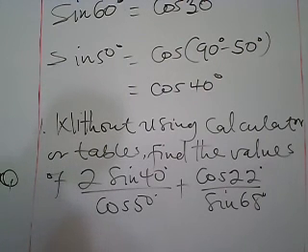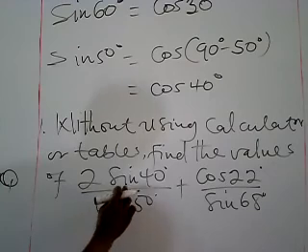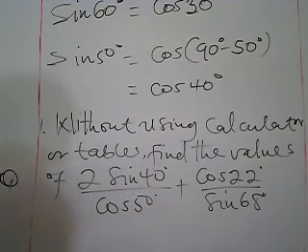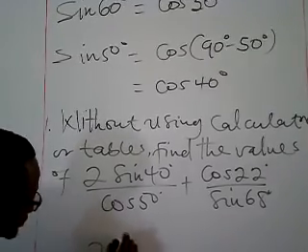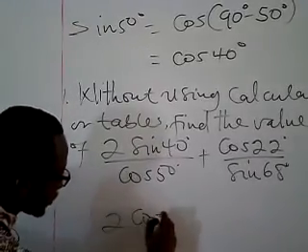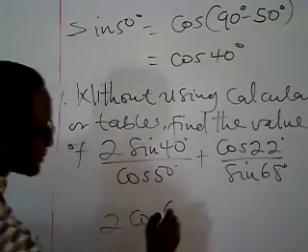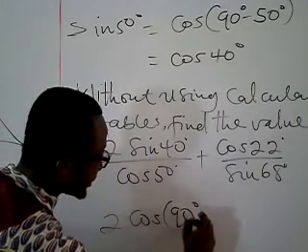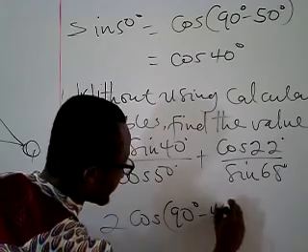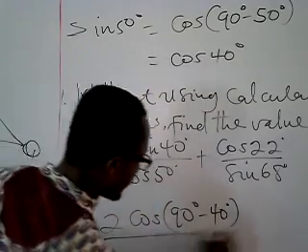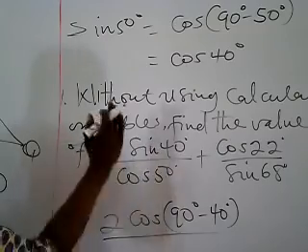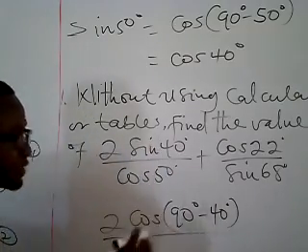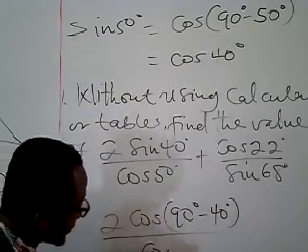So in this case, we can change sine 40 into cos. So in our solution, it will be 2 cos brackets 90 degrees minus 40 all over cos 50, since we are changing the sine to cos, we maintain our denominator cos 50.